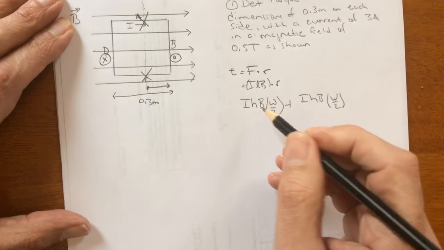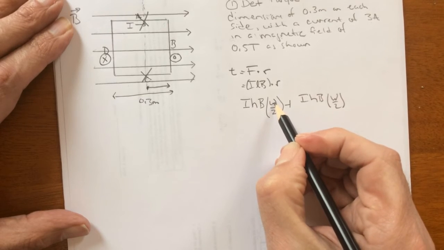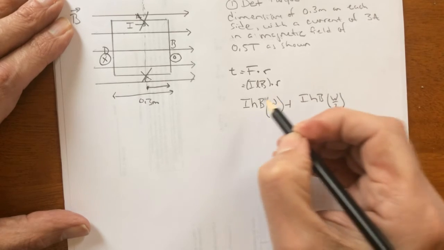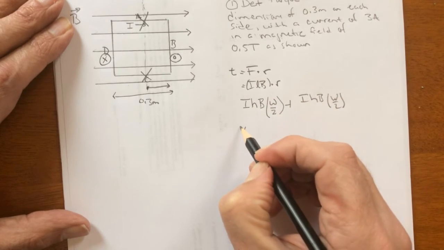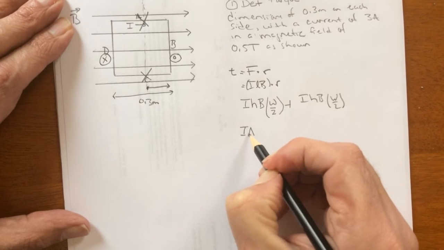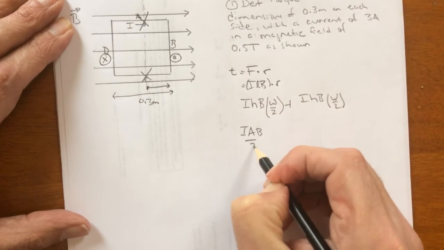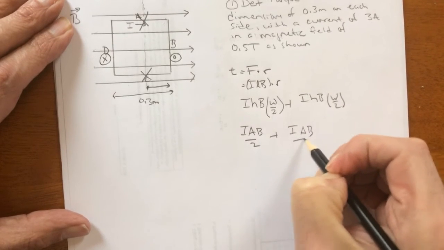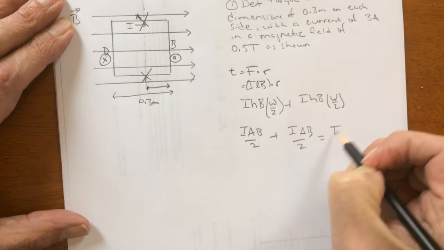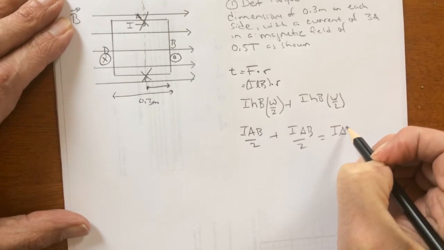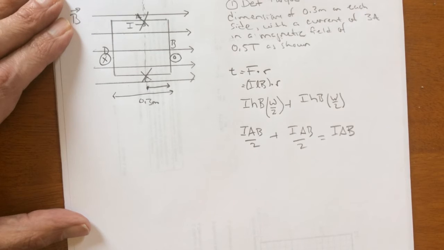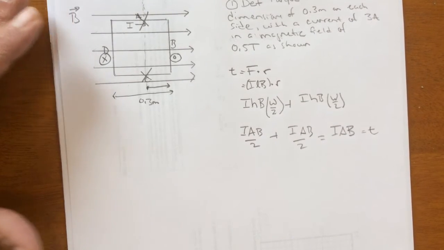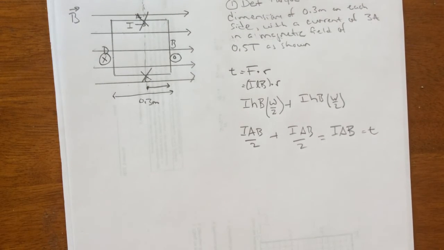And so height times width is area. IAB over 2 plus IAB over 2, which gives us IAB, current times area times mag field, equals your torque. That's a pretty clever way to get at this.